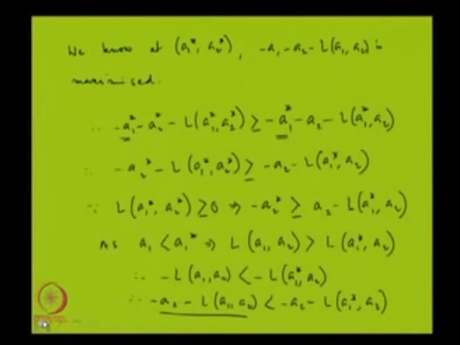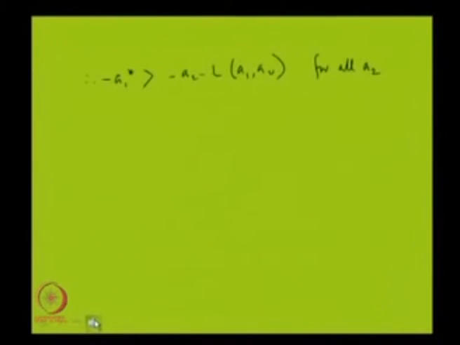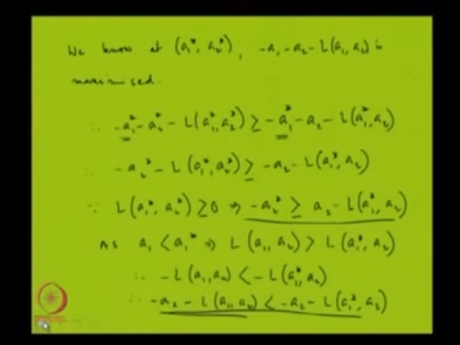So, I have just combined this fact with this fact to get that minus A1 A2. So, this will be minus A2 star. Minus A2 star will be greater than or equal to this, which means that at A2 star this payoff function is being maximized.